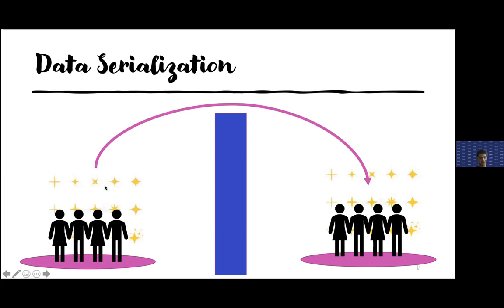So the real definition of data serialization is when you convert the state of an object in your code to a byte stream. And that means you're essentially compressing it into a smaller use case or a smaller file, so you don't have to use any memory overhead to keep recreating the same object.